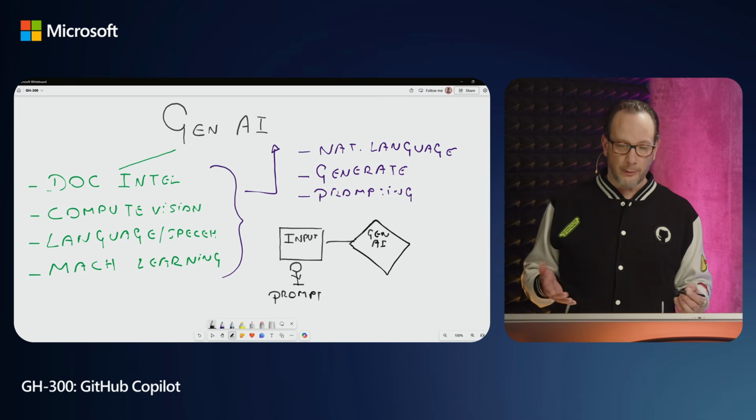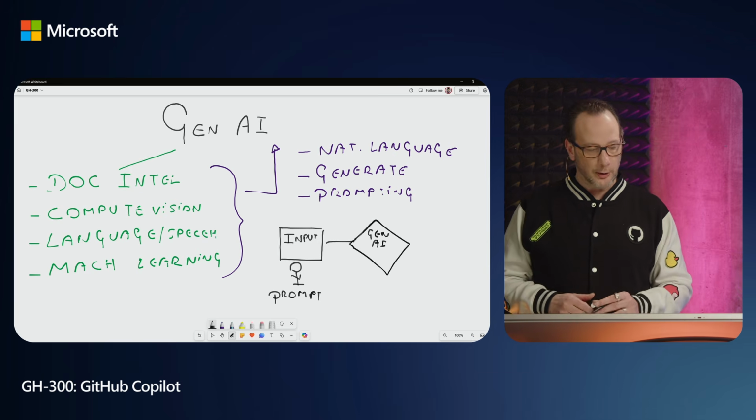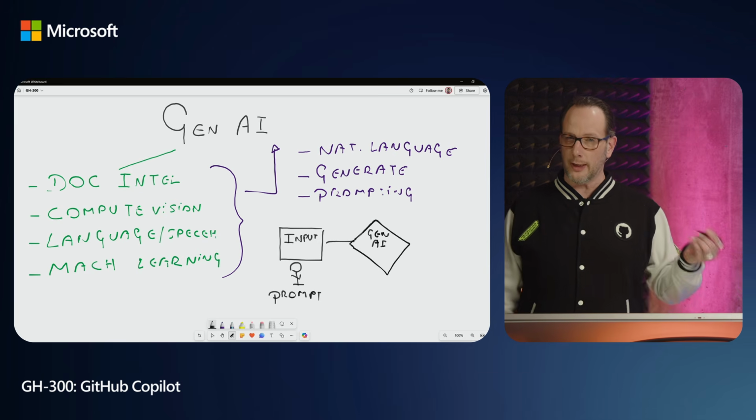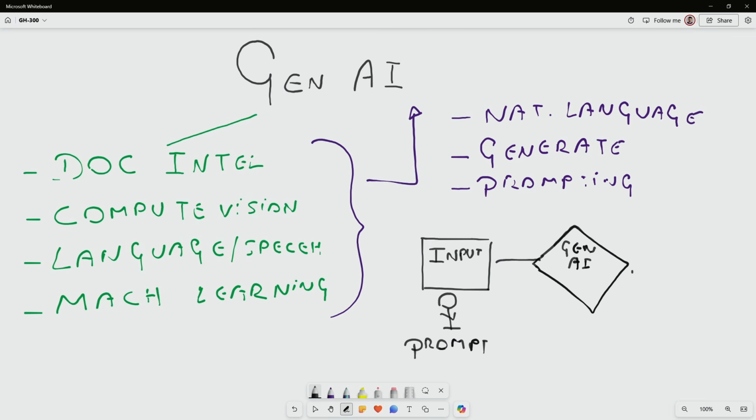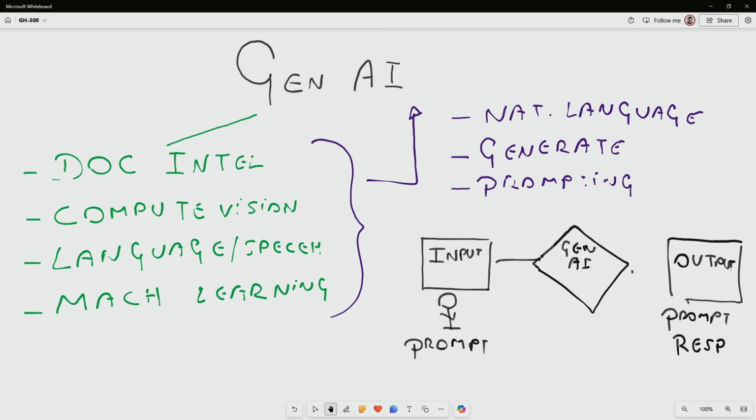It's going to do a lot of magic. I've got some other diagrams in another part of the course where I'm detailing a little bit more how the GitHub Copilot flow actually works. And then eventually we have the prompt response, which would be output, which could be code, which could be documentation, which could be a clarification of pretty much anything we ask for.